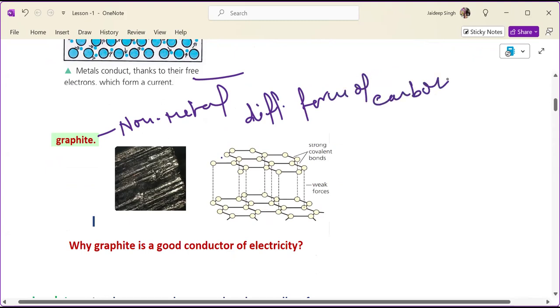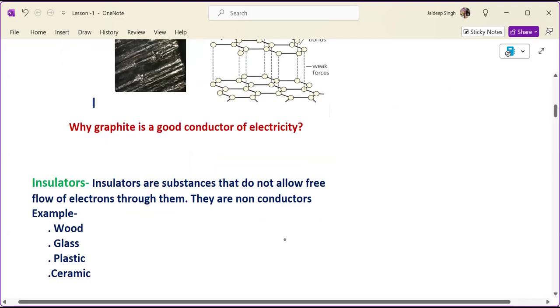Now the question is, why is graphite a good conductor of electricity? Graphite is a good conductor because it has delocalized electrons. Every carbon atom is covalently bonded to 3 other carbon atoms, and the last electron of every carbon atom is not bonded with any other atom, and it is free to move.